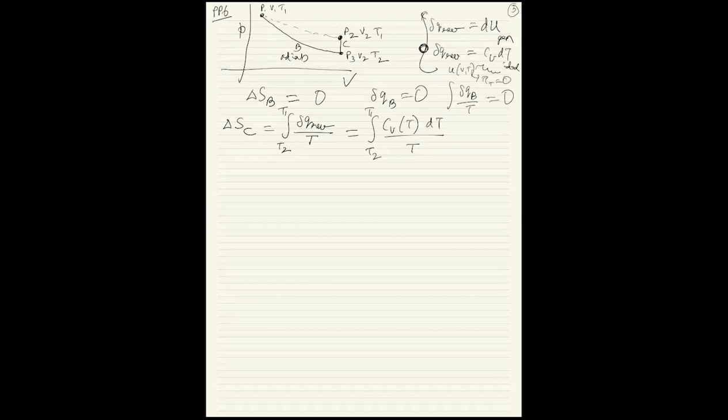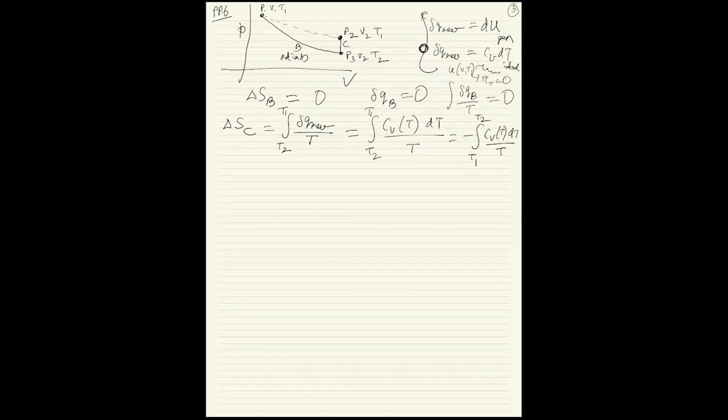So this is what we have. Now we can switch the sign of the integral and make it minus the integral from T1 to T2 of C_V(T) dT by T. We don't know the value of T2, and this is where we stopped last time. So we have to do a bit more work to get the value of T2.